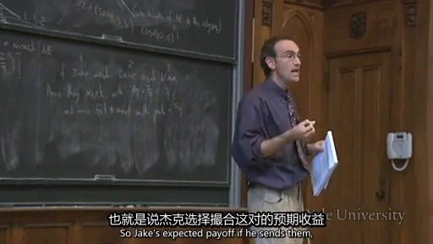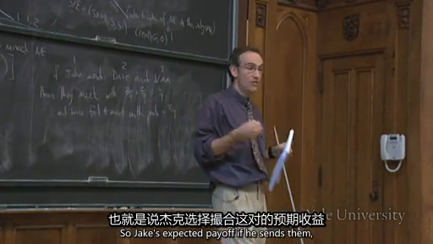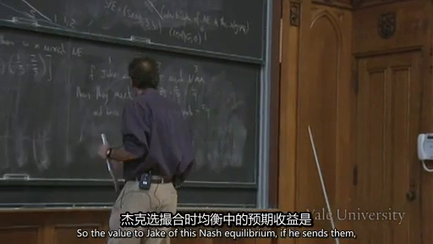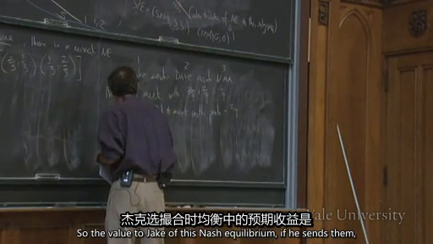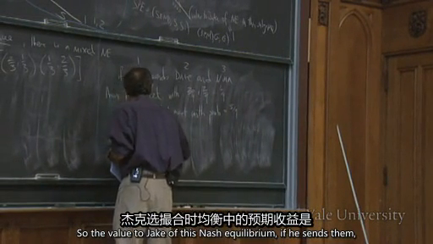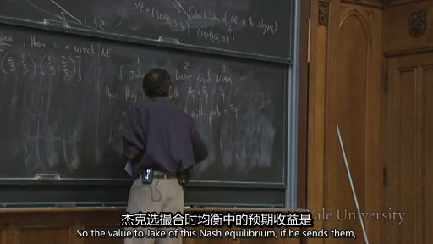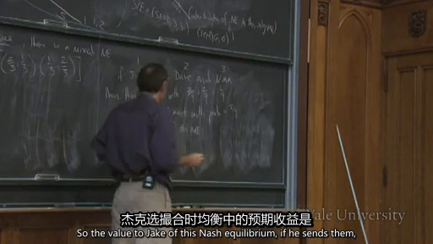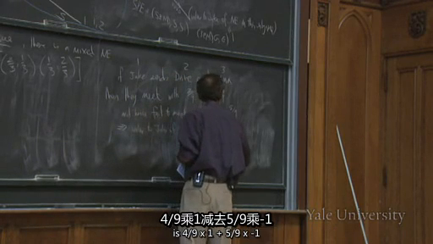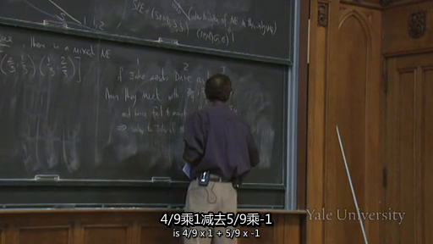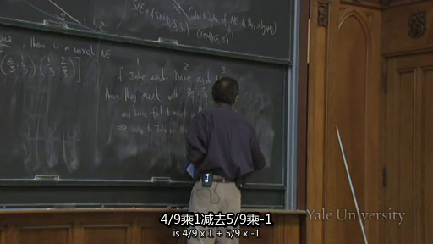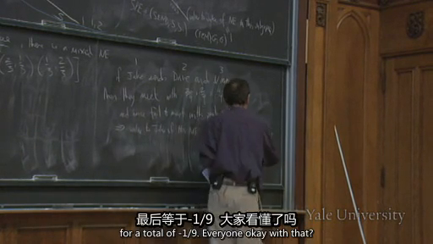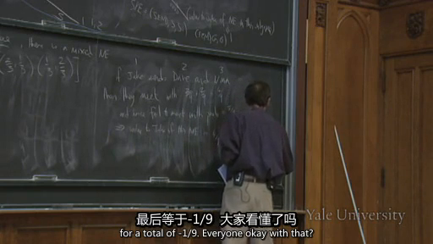All right, so Jake's expected payoff, if he sends them, the value for Jake of this equilibrium is what? So the value to Jake of this Nash equilibrium, if he sends them, is 4/9 times 1 plus 5/9 times -1 for a total of -1/9.